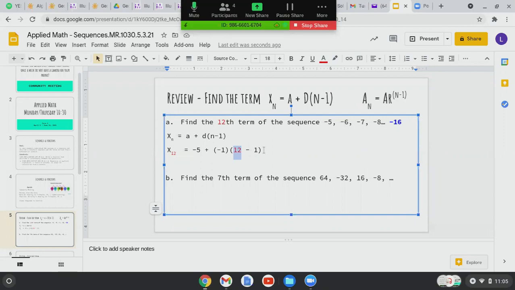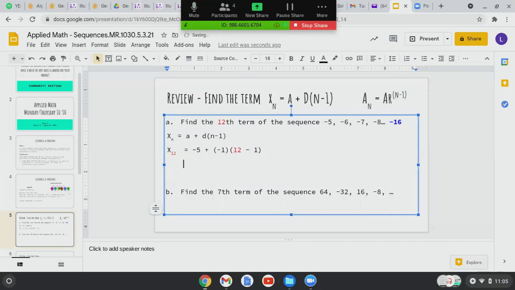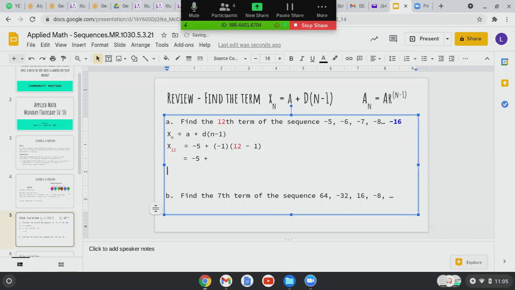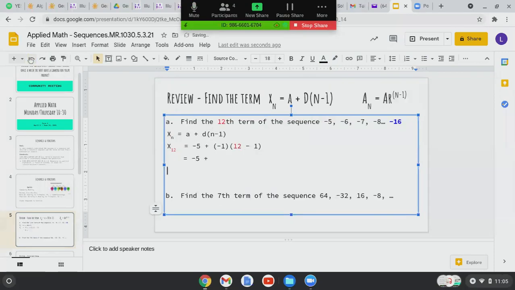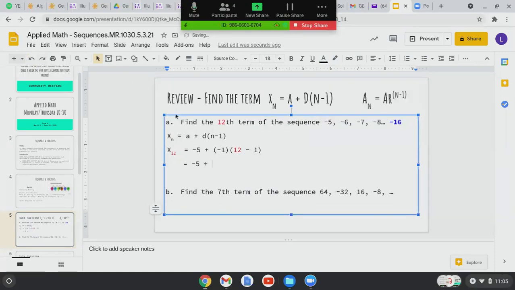Order of operations says we keep -5. We keep -1 because we didn't use it yet. I don't know what happened, but we're going to undo that. All right, -1. And then 12 minus 1, we got 11.